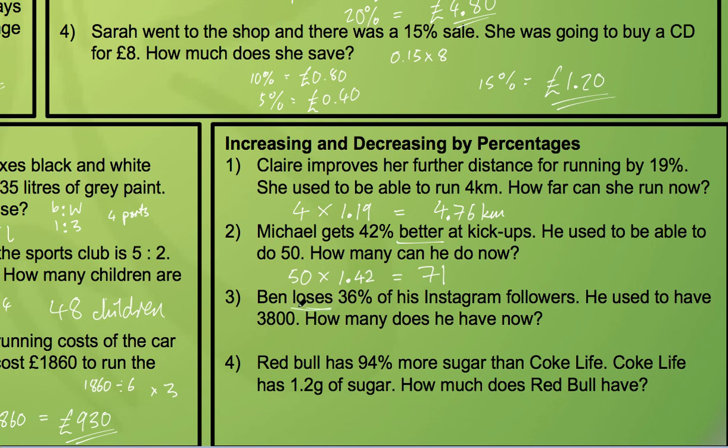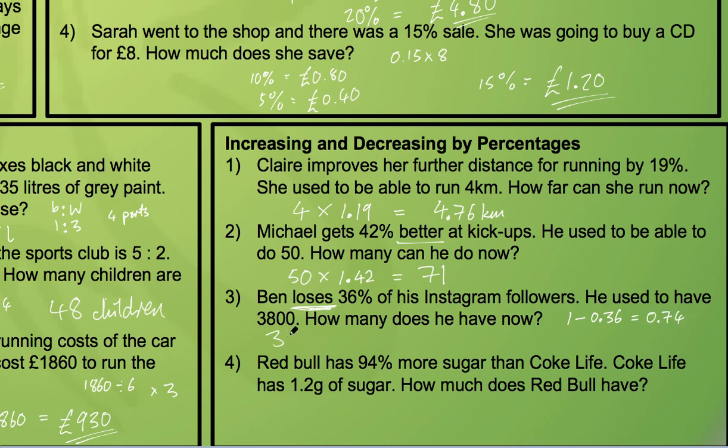Ben loses 36% of his Instagram followers. He used to have 3,800. How many does he have now? If I'm losing 36%, again, I could find 36% and then subtract it. The decimal multiplier method means I'm taking 0.36 from 1, and that gives me 0.64.